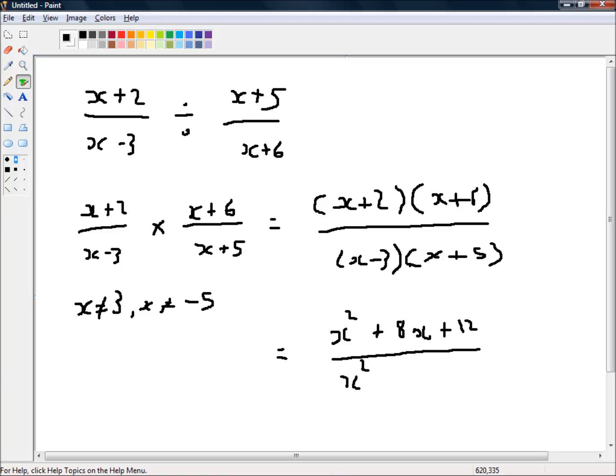Negative 3 times x is negative 3x. x times 5 is plus 5x. 5x minus 3x is plus 2x, because 5 is bigger than 3. And then negative 3 times 5 is negative 15.